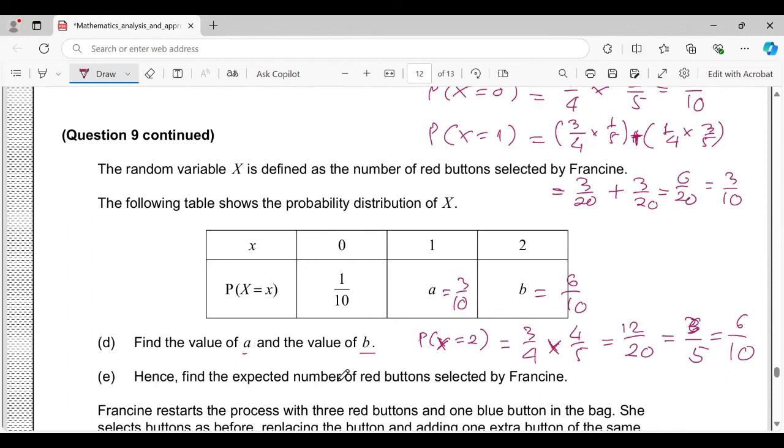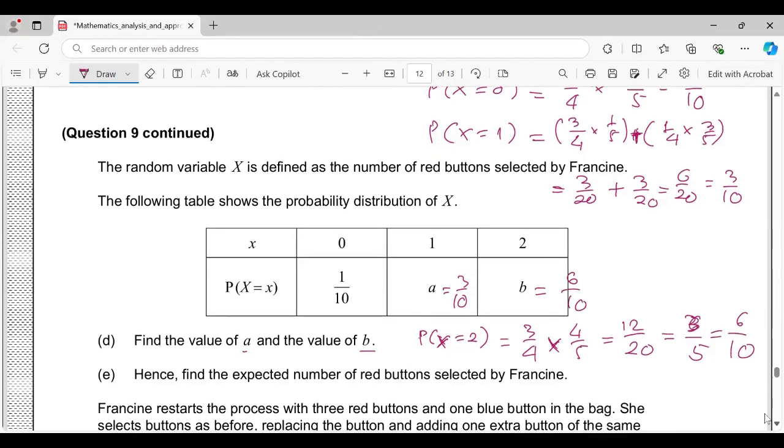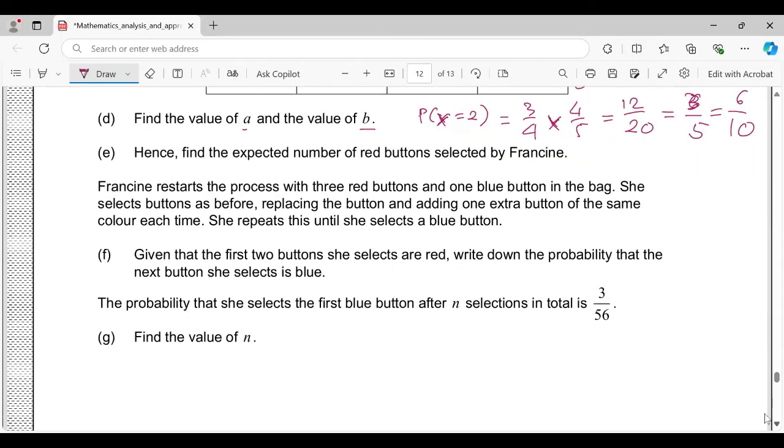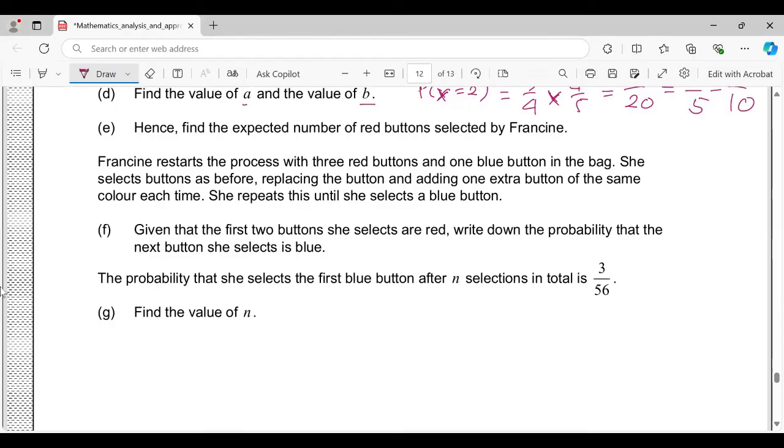Hence, find the expected number of red buttons selected by Francine. I'm going to write it here. E, the expectation by Francine.